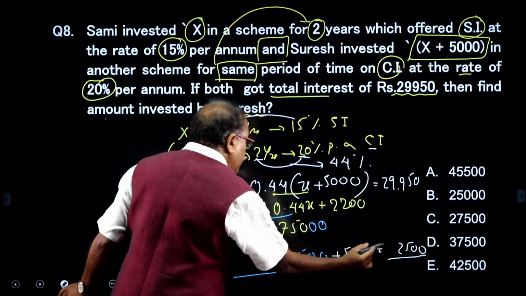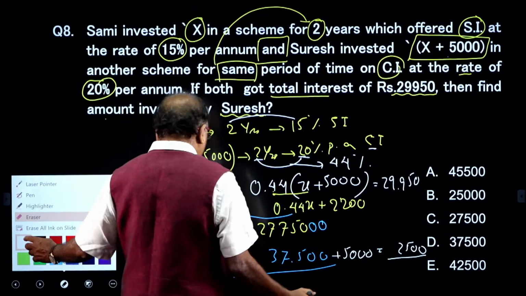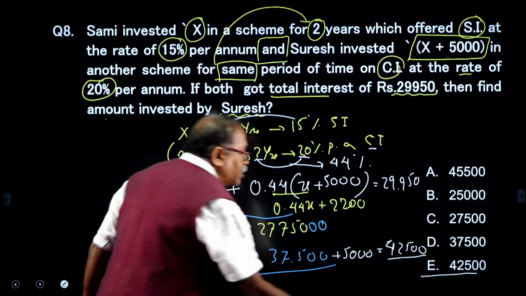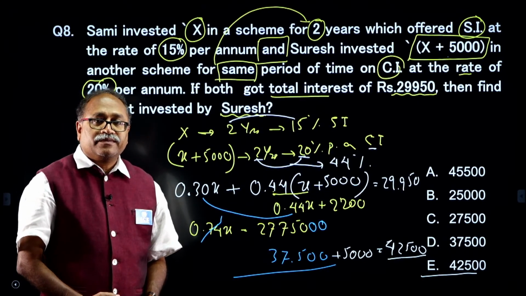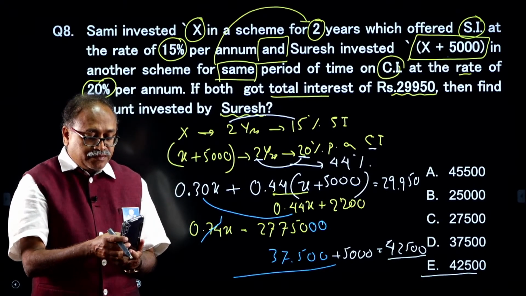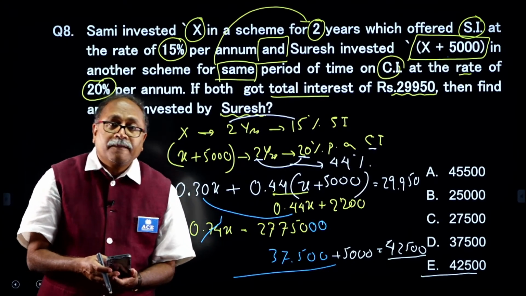So, look at this part, 42,500, your option choice is E. Yes, my friends, do you agree?